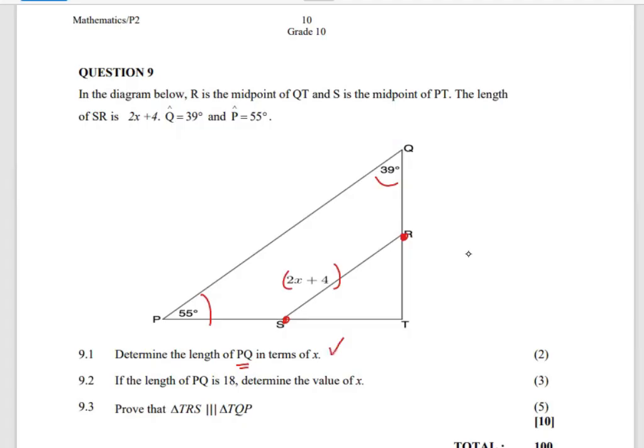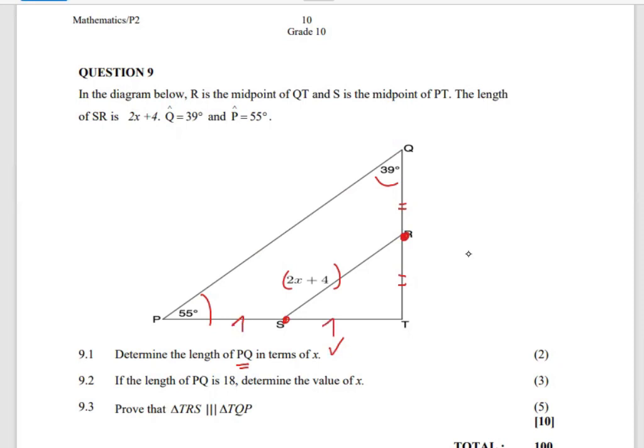In terms of x. So let's start by finding out. Since they told us that R is the midpoint, this must be the same as that. Then automatically S is also a midpoint, so this is the same as that.